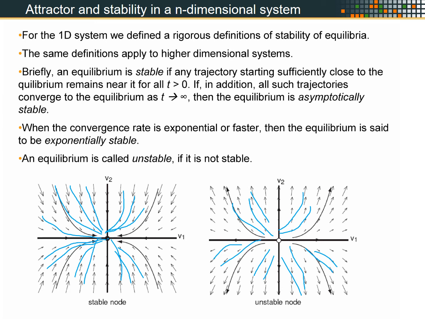In that case, that means that both directions for a two-dimensional system need to be attractive. It's sufficient if one of the two directions is repelling, and we would render the system unstable. If both, like on the right-hand side, are repelling, it's of course also unstable.